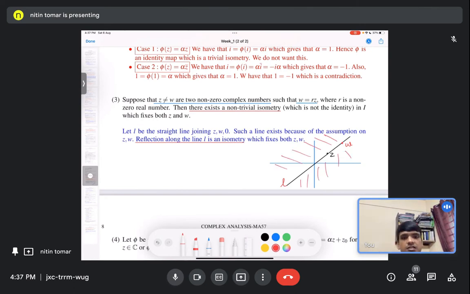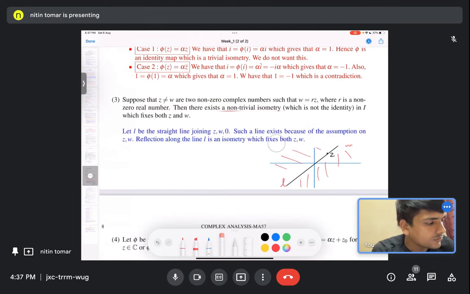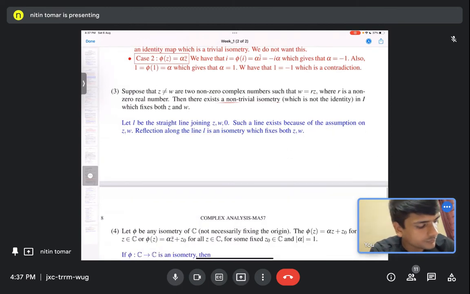Such a map forms an isometry, and every point on this line L gets fixed. So in particular z and w, because they lie on this line, will also get fixed. So this option is true.